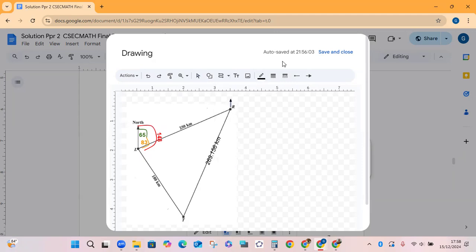Oh, we have a curve there already. I can use that curve. I can use this curve.